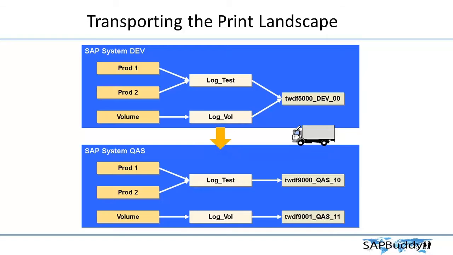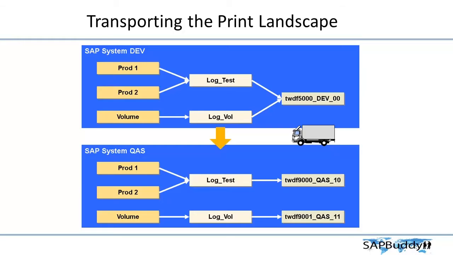However, the actual spool server may change from one system to another because your instances and the names and everything are changed. You can also transport this to a different landscape, let's say if the configuration you are doing is quite high, the number of printers is quite high, then you can do that.